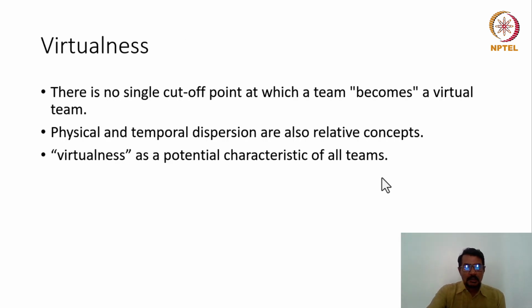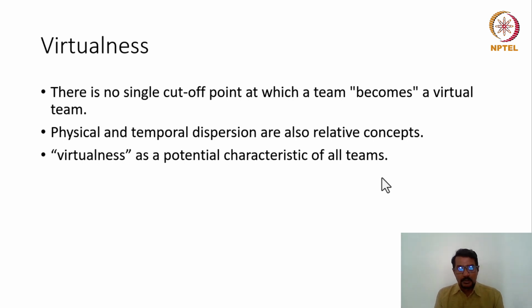But when more and more teams started using technology for communication within them, virtualness has become an inherent quality of every team. It's not that there are two types of teams: virtual teams and face-to-face teams. Virtualness has become a quality which exists in all teams.